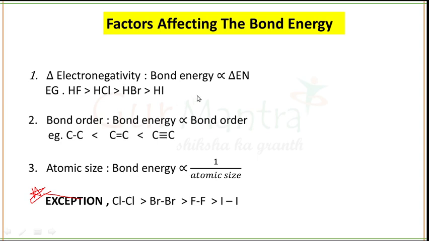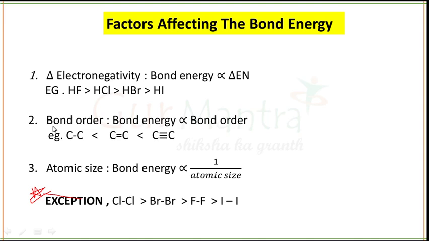Bond energy is directly proportional to the difference of electronegativity. For example, as you can see here, HF has the maximum bond energy while HI has the minimum bond energy, because you know it very well, when you move from fluorine, chlorine, bromine to iodine, from top to bottom, electronegativity decreases. That's why bond energy also decreases.